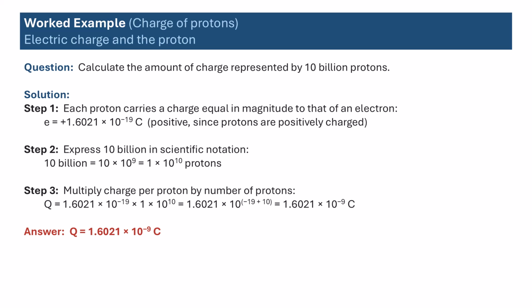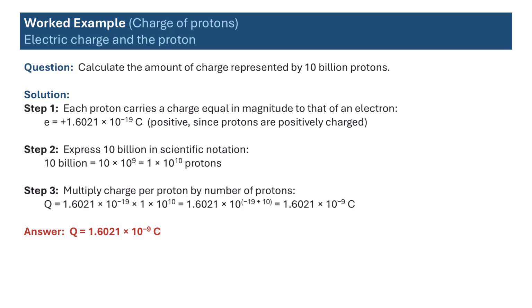Step 3. Multiply charge per proton by the number of protons, applying the rule of indices for multiplication of powers of 10. Q equals 1.6021 times 10 to the power of minus 19 times 1 times 10 to the power of 10, equals 1.6021 times 10 to the power of minus 9 C.